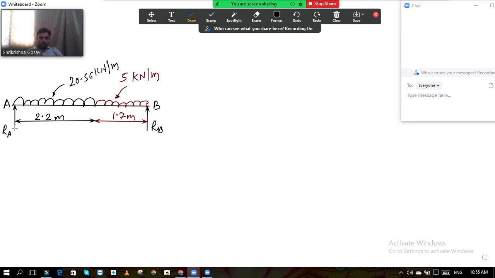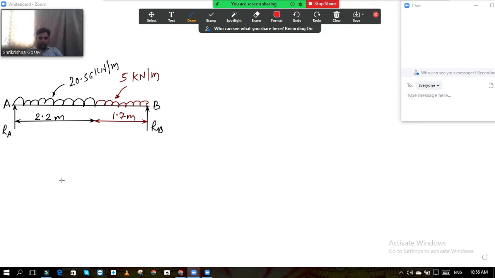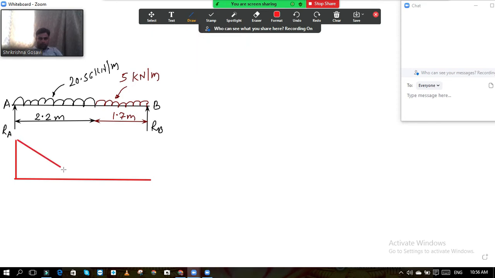of this. Okay, so if you project this, I will directly draw now. So this is the baseline. Here 34.32. Then after that it is 10.91 at point C, I think.